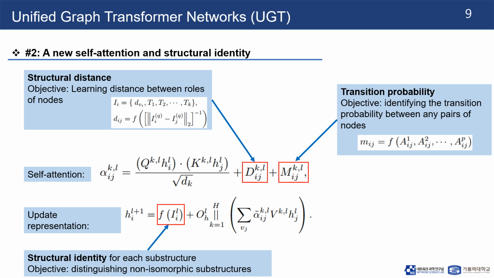Then we construct the structural identity for each substructure by combining the structural identity of each node with the output of the self-attention score. So our objective is to let the model distinguish non-isomorphic substructures.